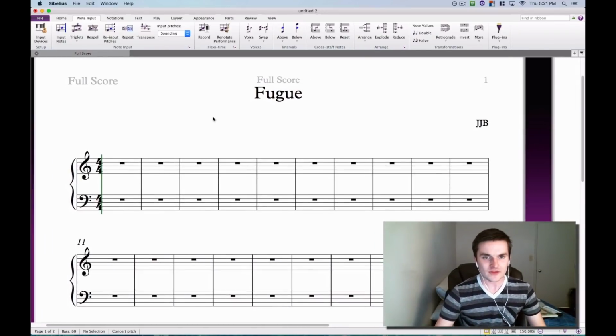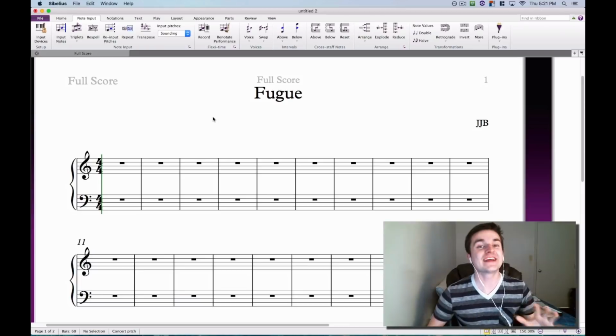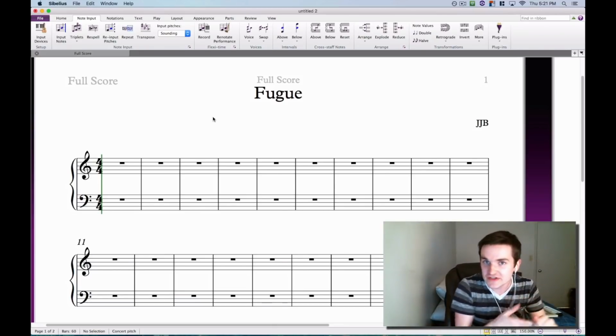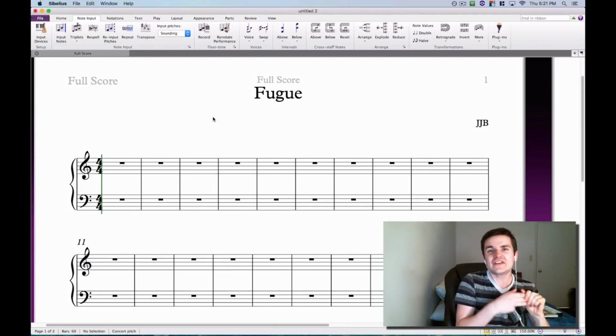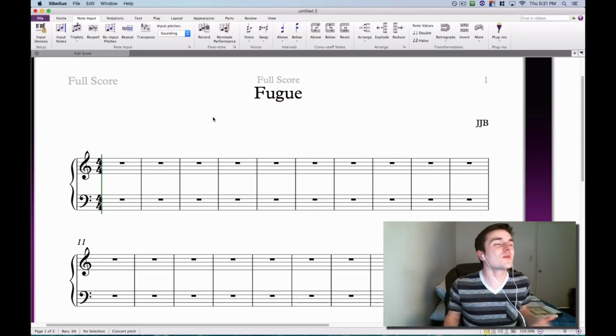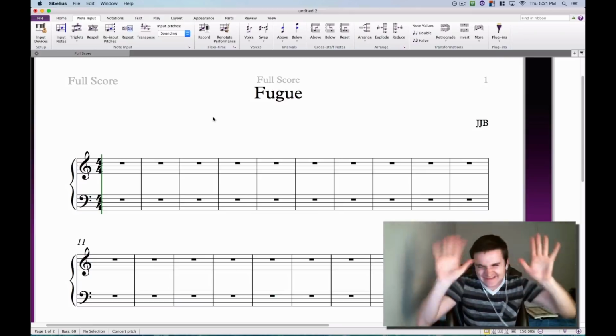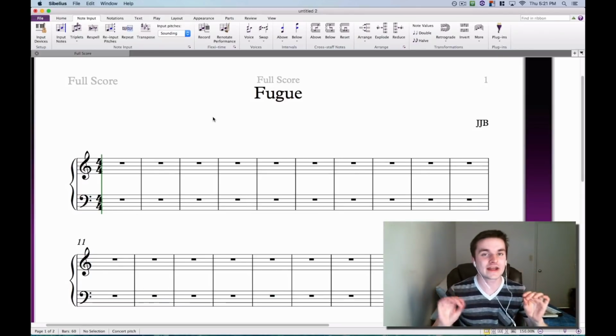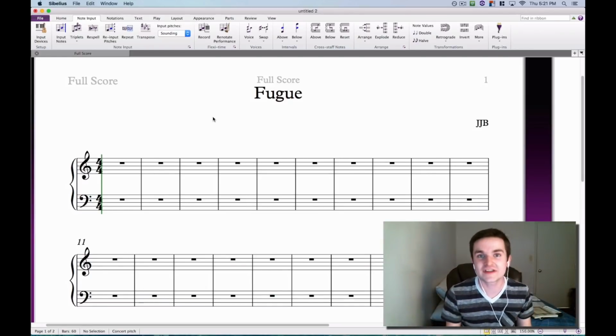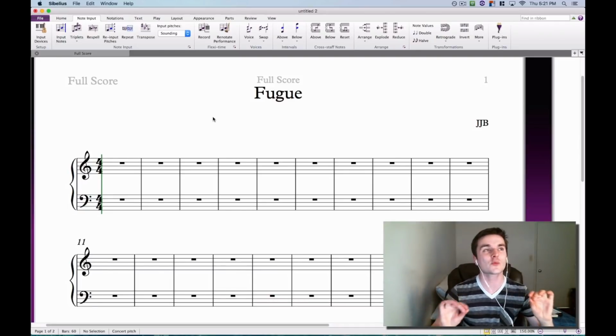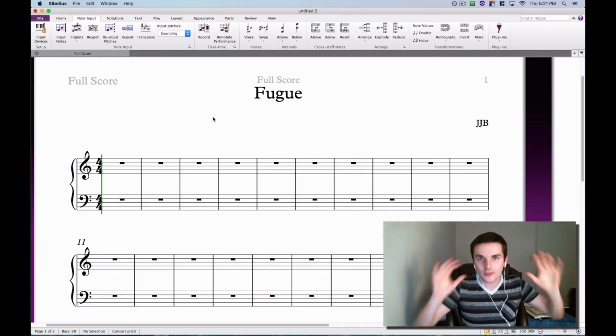So fugues are generally split up into 3 sections, right? And these sections aren't formally divided as much as they are divided by the processes that define them. What I mean by that is simply that a lot of theorists and composers have said that the fugue is not really a form so much as it is a process.